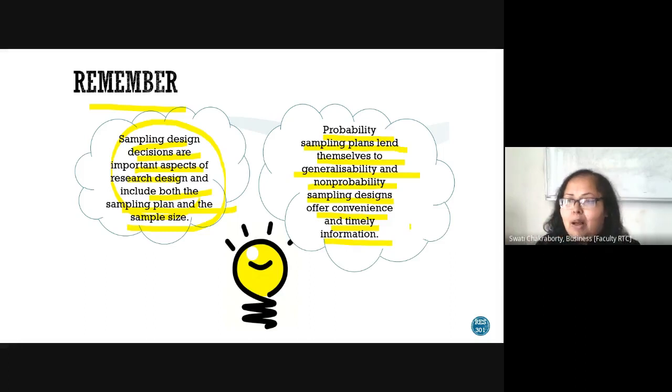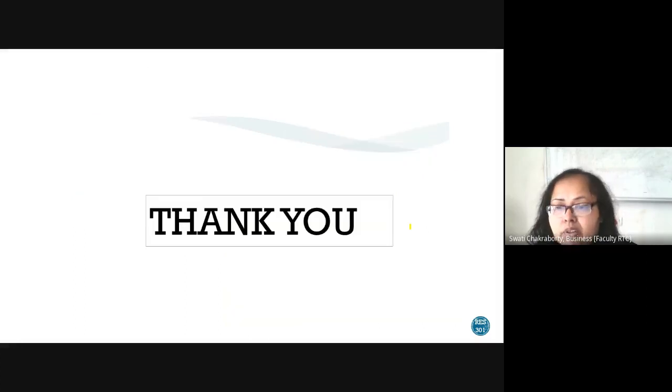So probability sampling plans help us in making a prediction about the entire population. Generalizability happens. Non-probability sampling plans offer convenience and timely information, right?